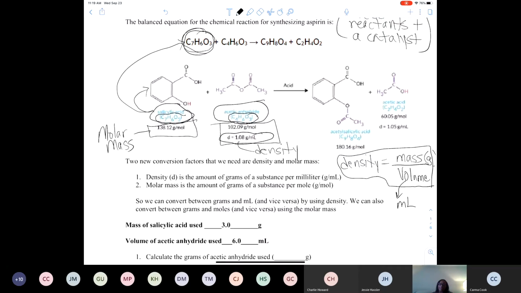And so the density has a unit of grams per milliliter. And then you have to use an acid as your catalyst to make this reaction go fast. Without the catalyst, it would go too slow. And then you get your two products. The first product, that's your aspirin.